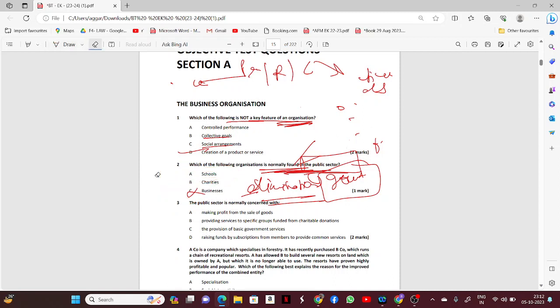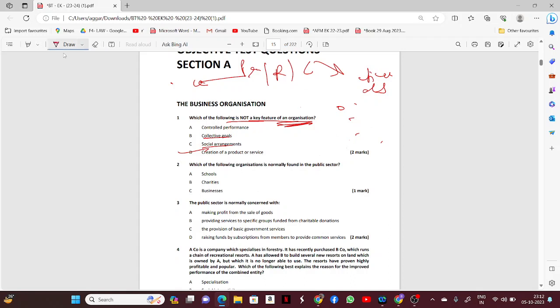I know that you might be confused between charities and schools, but this is the major difference: charities may be found in your public sector as well as your private sector, but schools are normally found in your public sector. That is the reason this is the correct answer. So school is the correct answer over here.